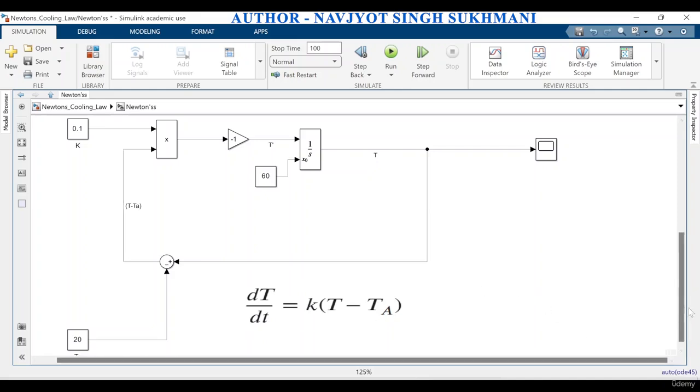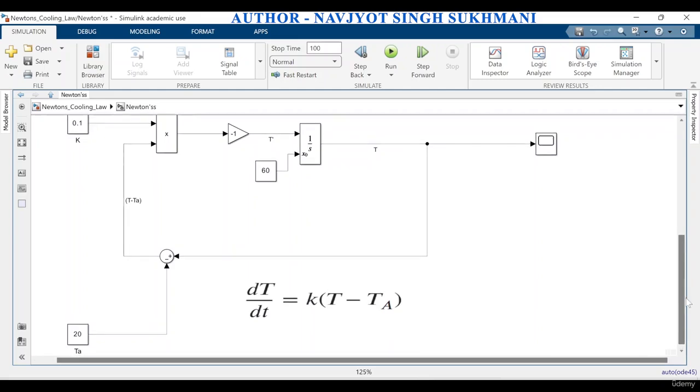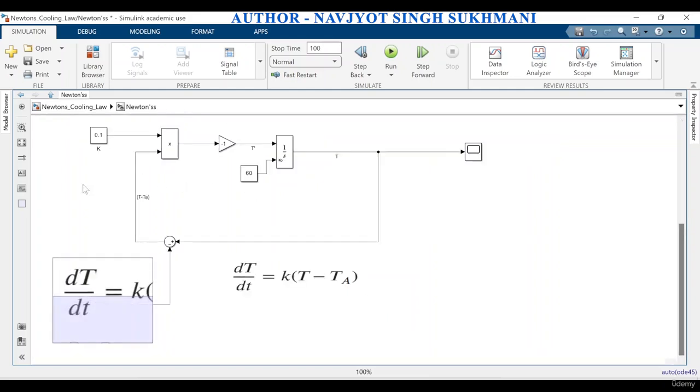Ta is the surrounding temperature, T is the body temperature, and k is the proportionality constant. Here I am taking k as 0.1, and Ta, the surrounding temperature, is 20, and this is my x0, the body temperature I am giving from here.